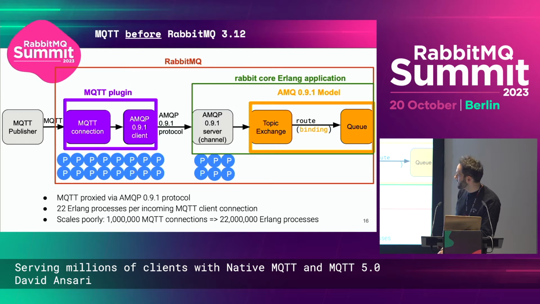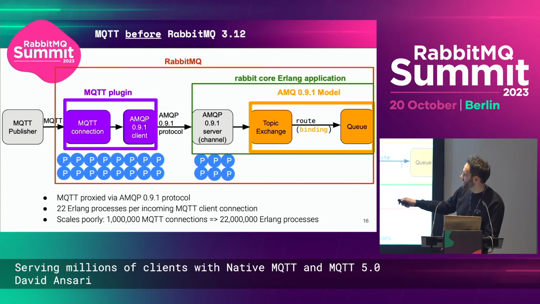Previously, up to 3.11, MQTT traffic was proxied internally within RabbitMQ via the AMQP 0-9-1 protocol. So this means we needed an AMQP 0-9-1 client, which sits in the MQTT plugin, and a server, which sits in the Rabbit core Erlang application. And this happened for every incoming MQTT connection.